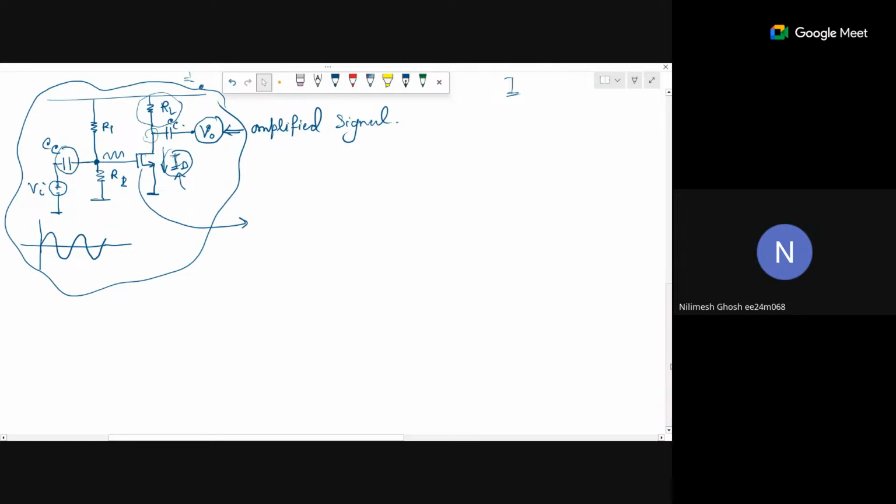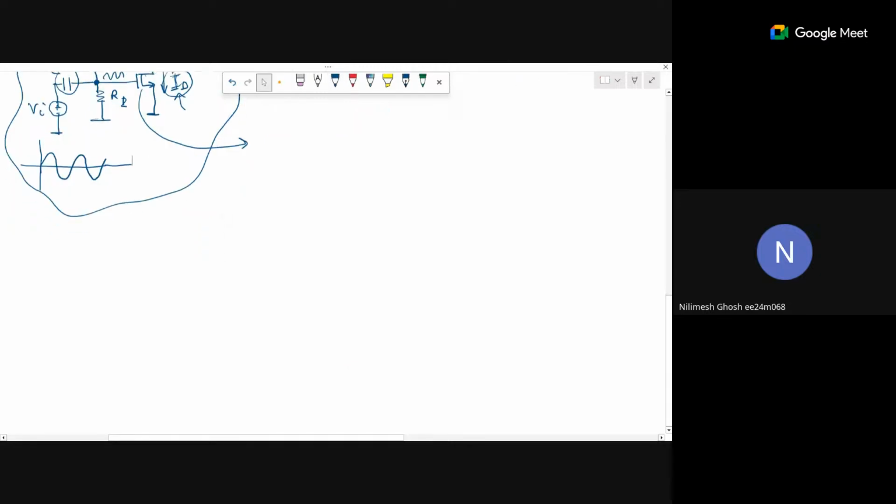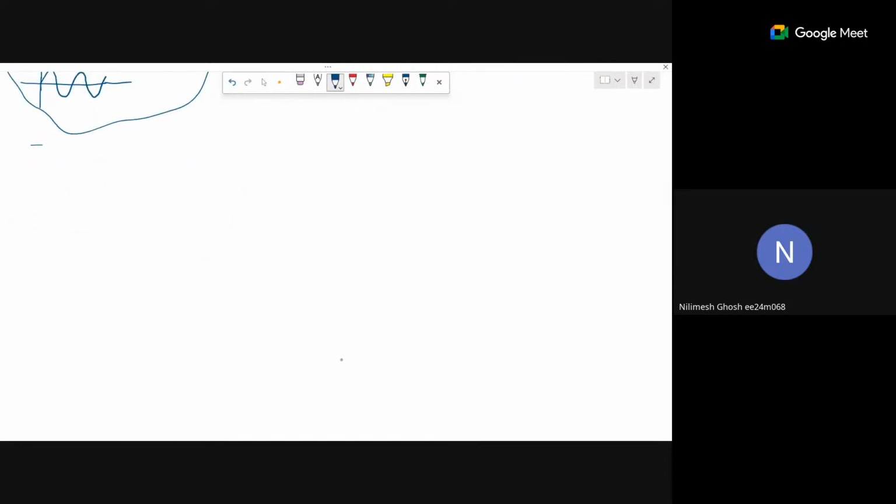So we have to model the MOSFET, right? And model the MOSFET for what region? For small signal. Now we are going to do some small signal analysis. Till now we haven't done any small signal analysis, so for doing it, this much base is needed.